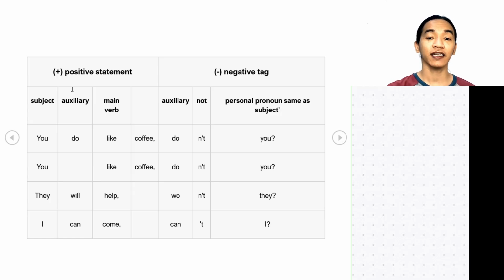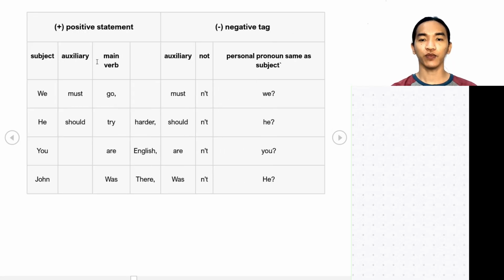Next one, I can come, can't I? So here, can is your auxiliary verb. Make it negative, it becomes can't. Can't I? So please practice more positive to negative. Next, we also have we must go. In this case, your auxiliary verb is must, therefore convert it to negative, it's mustn't.